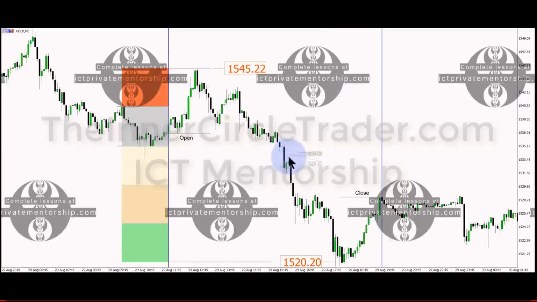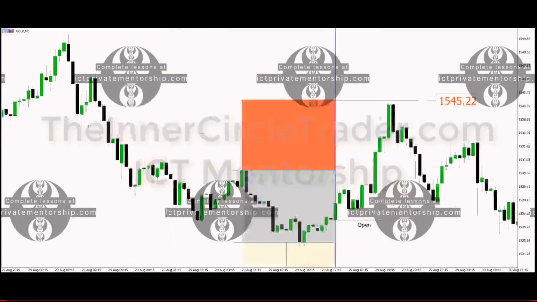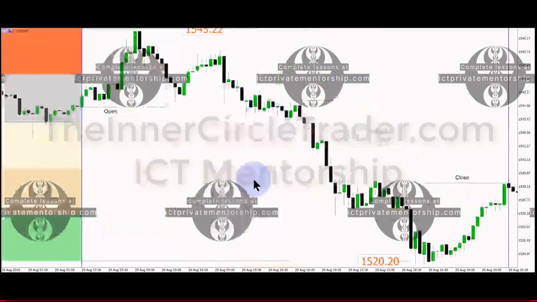Bam. Let me zoom in. I know you're probably thinking, I can't even see it, Michael. This high. Let me move that around a little bit so you can see it. Right there. It nails the consequent encroachment to the pip. And you're only looking to see it trade to the high here.